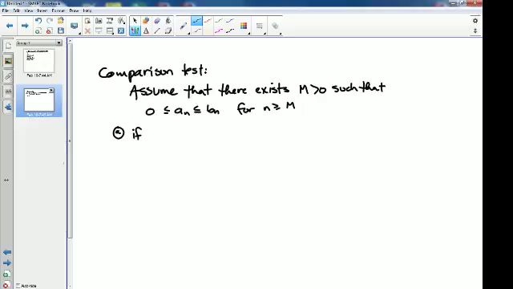If series b sub n converges, then what do you think happens to a sub n?